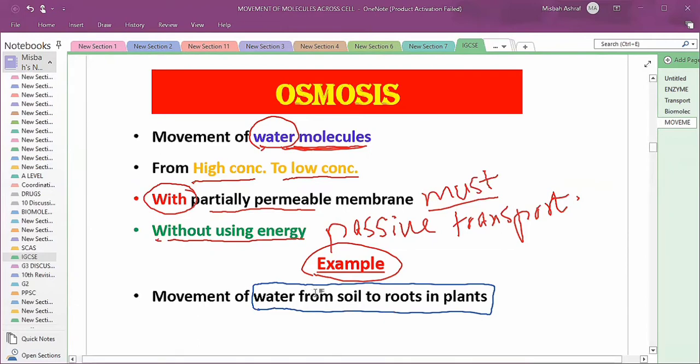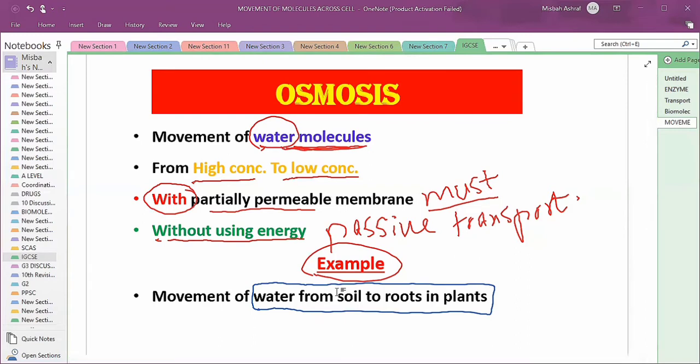Miss, when water diffuses out of the body. When water gets out of the body in the form of sweat. Yes, very good example. When sweat occurs, water is diffused from blood into the sweat glands by the process of osmosis.